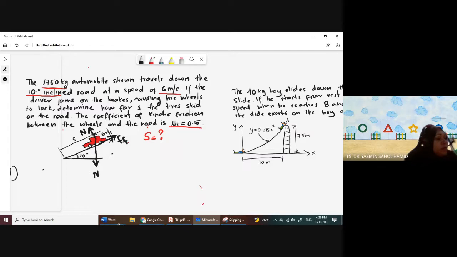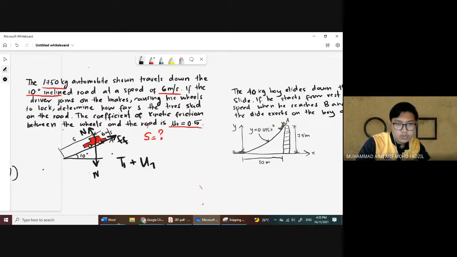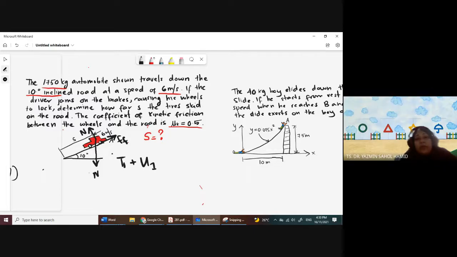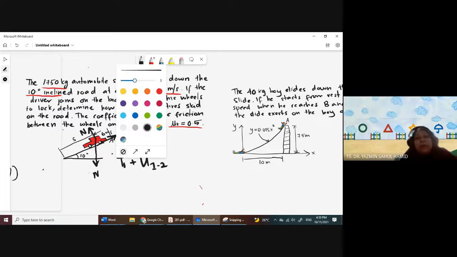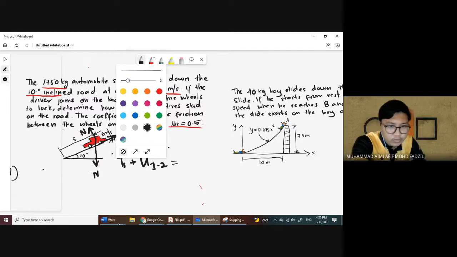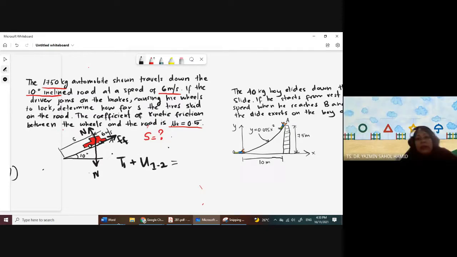Okay, now for this question, what is it asking? I want you to use work energy. So remember the formula? T1 plus U1 equals T2.